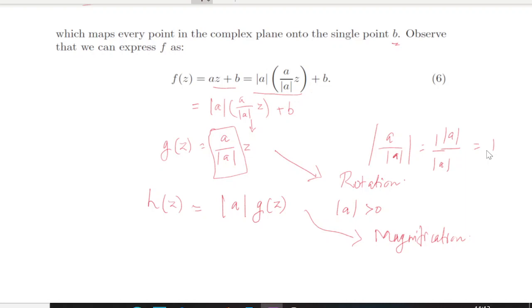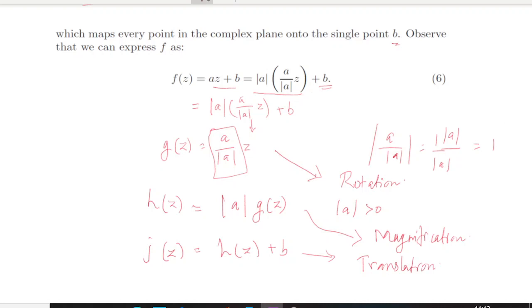Next, we have to add the quantity b. Let me denote it as j(z), so j(z) = h(z) + b. Now this is nothing but a translation. So how can I now express f(z)?